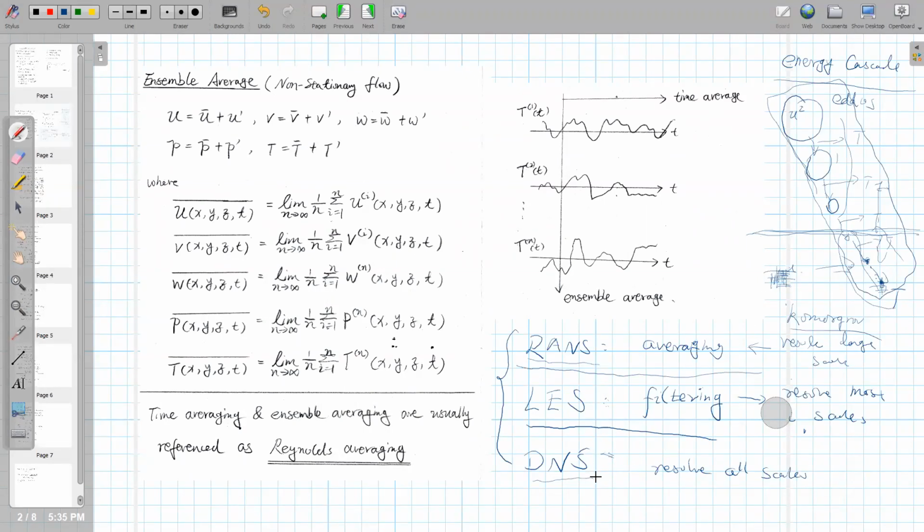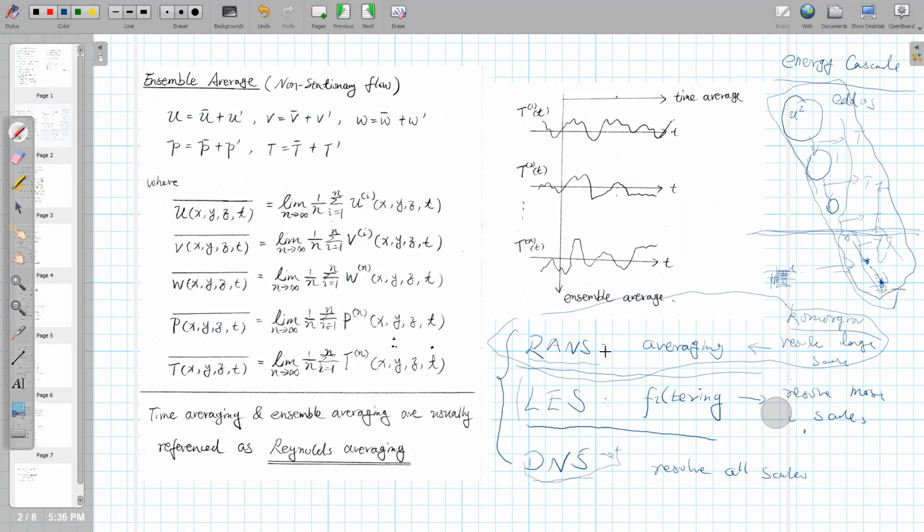Then you can resolve it. So more and more people are doing DNS actually. But this is the most simple one, and we'll talk about RANS in this lecture. And for the other two, you will learn more in your turbulence class.